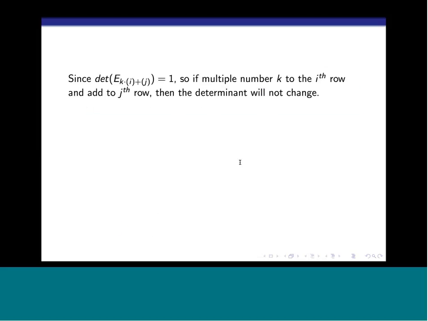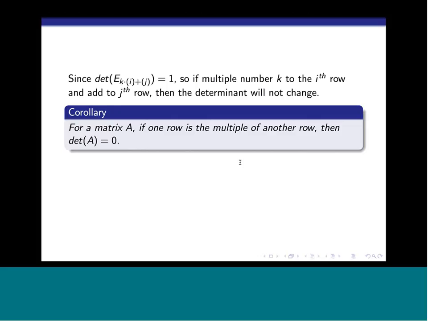Okay, so now the K, William already said that, okay? So if the ith row times K plus the jth row, then the determinant will not change. This is obviously because the determinant is attached to one.